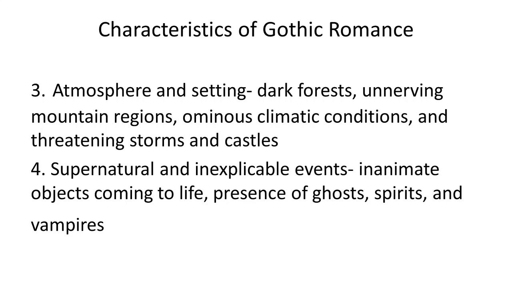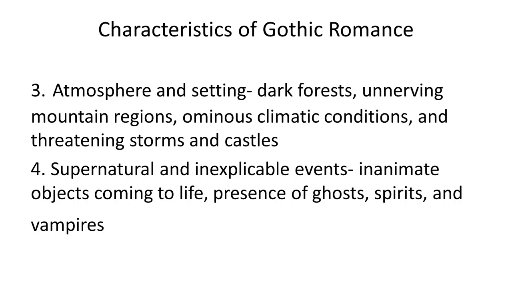Then we find supernatural and inexplicable events. Inexplicable refers to something that you cannot explain because it is mysterious, or there is no logic behind why such a thing happens. So supernatural is something that is not natural, and for example, an inanimate object coming to life, for example a drawing becoming a real human being, is something supernatural.